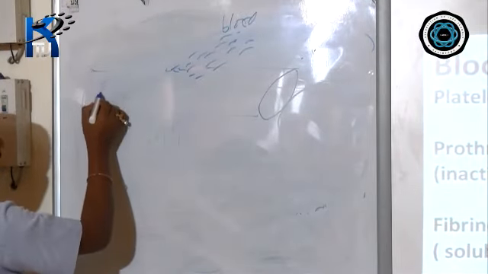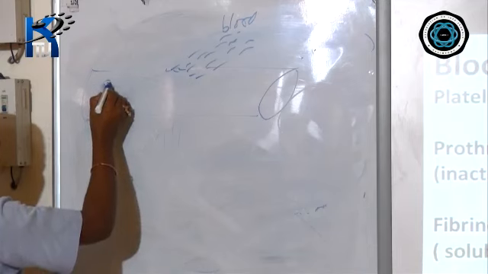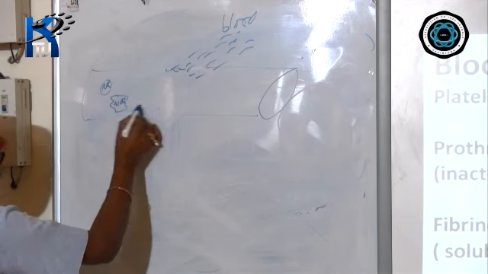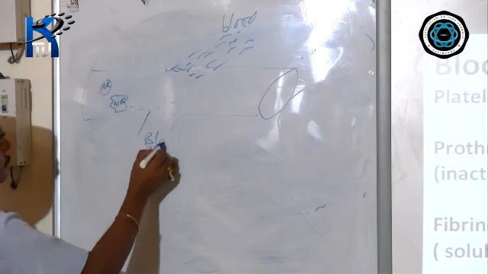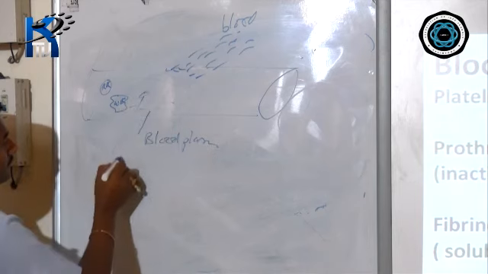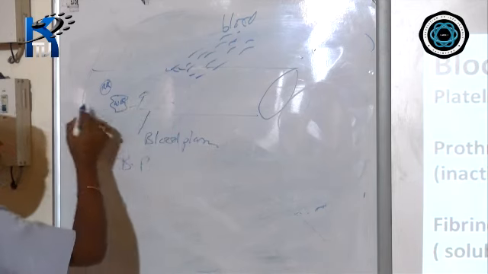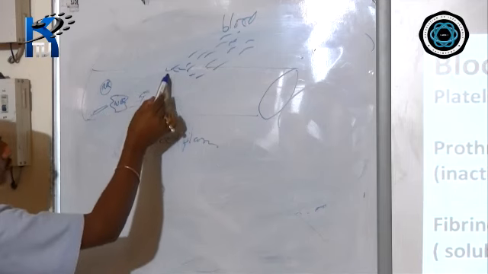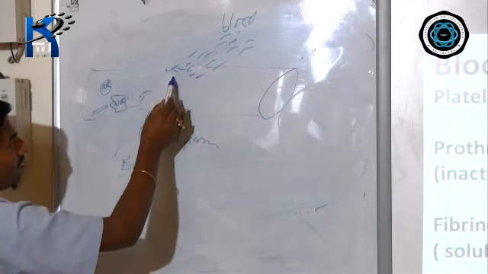Now, here you see this is the RBC, WBC, blood plasma. Here you will find the blood platelets. These are moving. So, when the blood platelets come to know that there is a leakage, then what will happen?